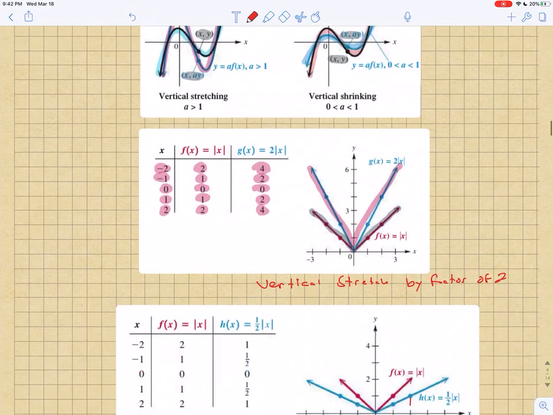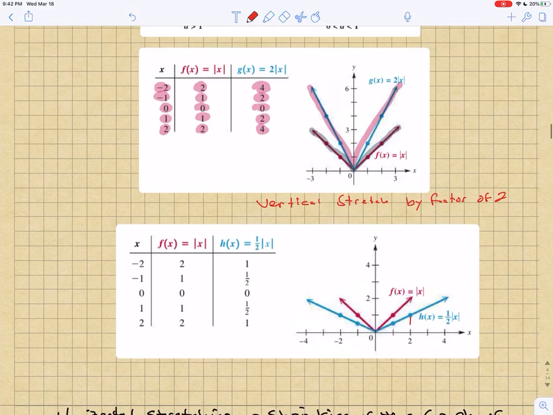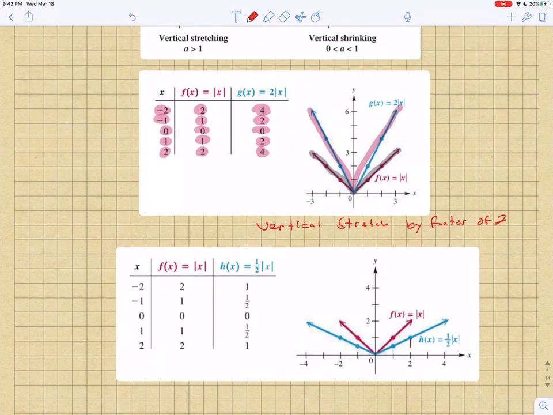These are things we are going to be tested on. You have to be able to recognize this. Oh, by the way, if we look at the slope, up 2 over 1, slope is 2.